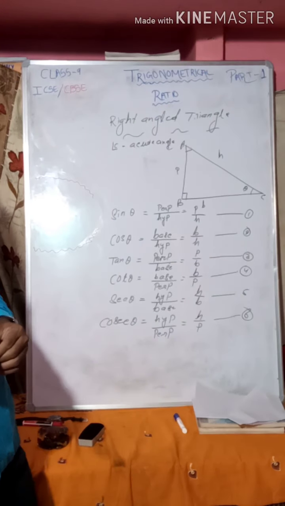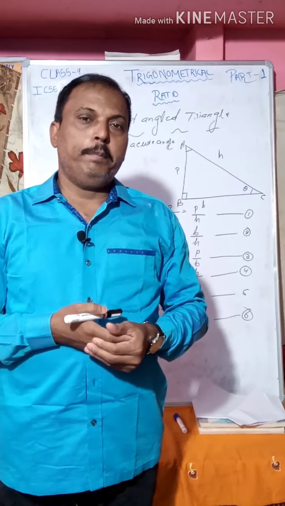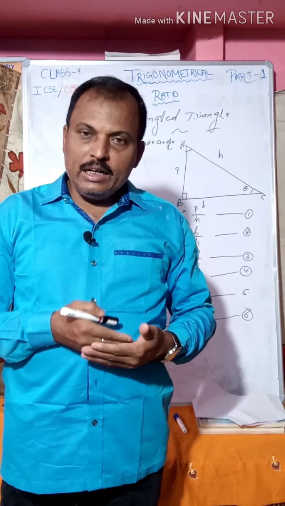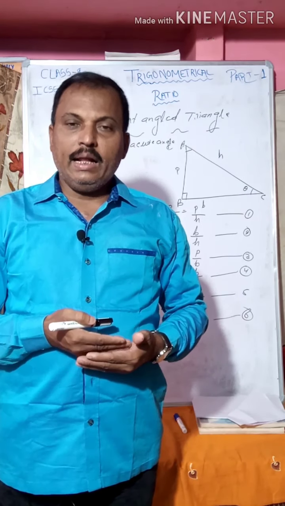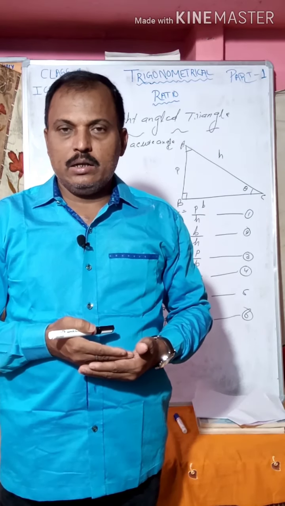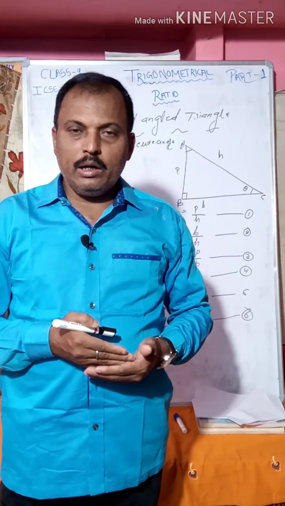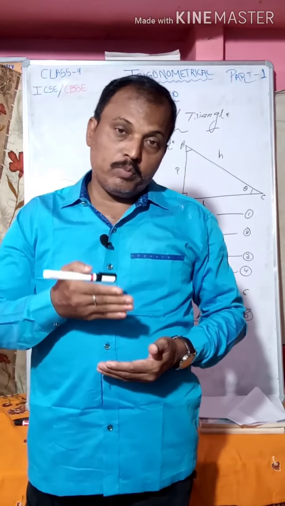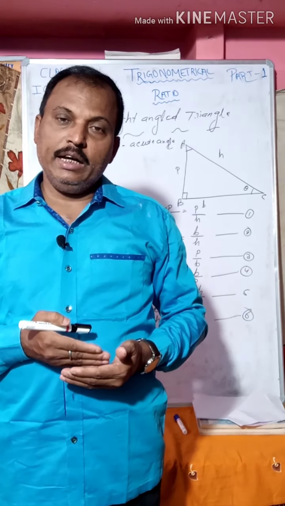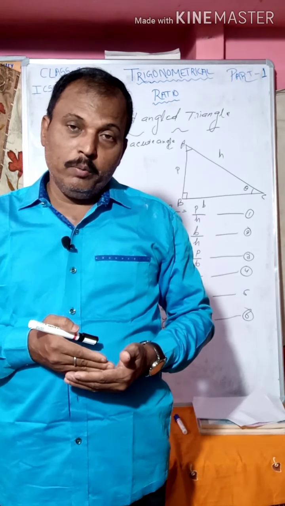So sin theta is equal to perpendicular upon hypotenuse, P upon H. Cos theta is equal to base upon hypotenuse, B upon H. Tan theta is equal to perpendicular by base, P upon B, and cot theta is equal to base upon perpendicular, B by P, and sec theta is equal to hypotenuse by base, that is equal to H upon B, and cosec theta is equal to hypotenuse upon perpendicular, H by P.